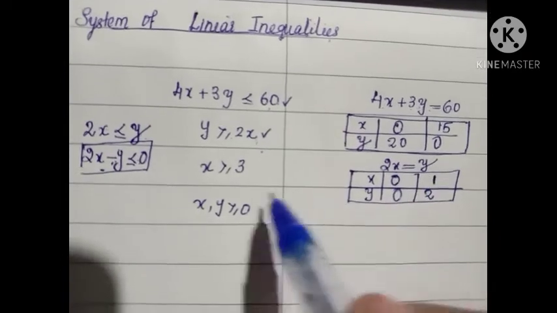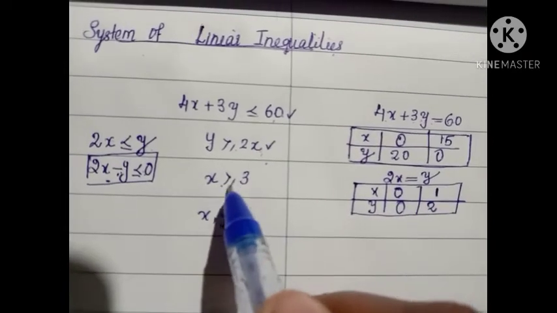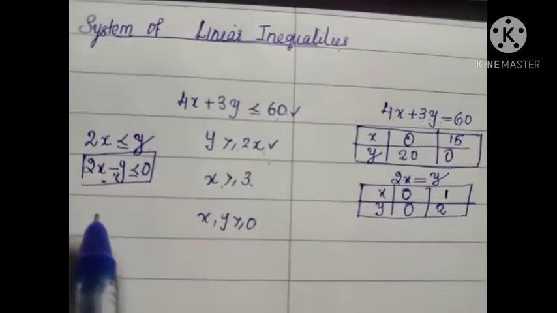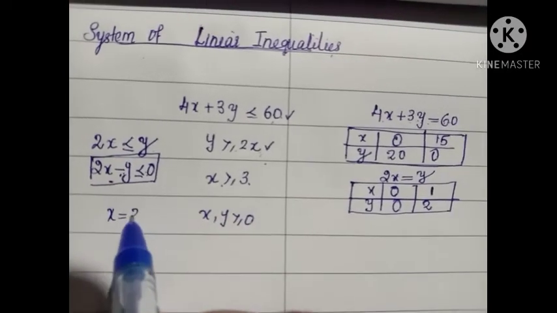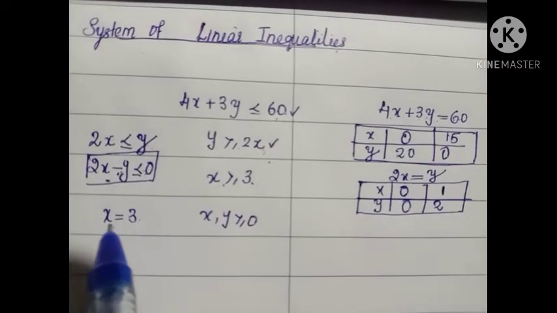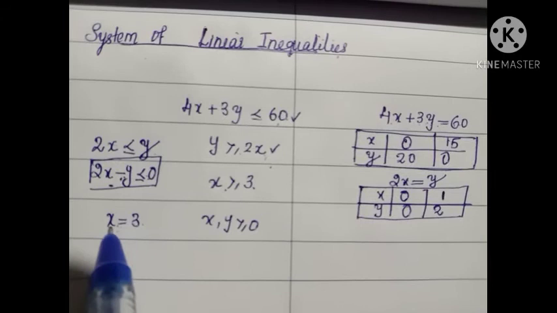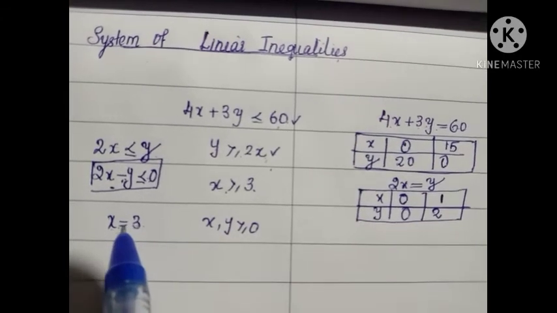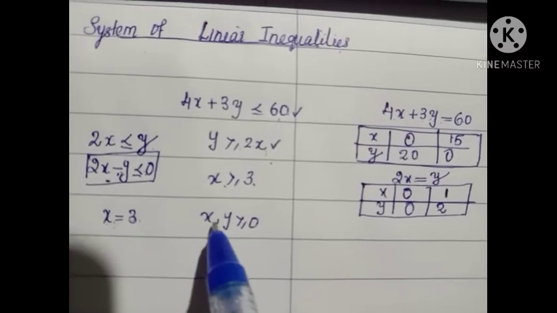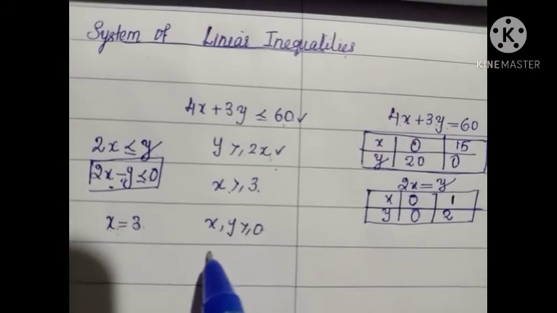Now, x is greater than or equal to 3. If we consider this inequality as an equality, this becomes x equal to 3. So x equal to 3 is a line passing through the point x equal to 3 and parallel to the y-axis. Now x, y greater than or equal to 0.